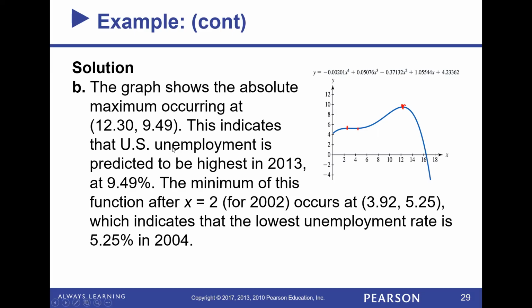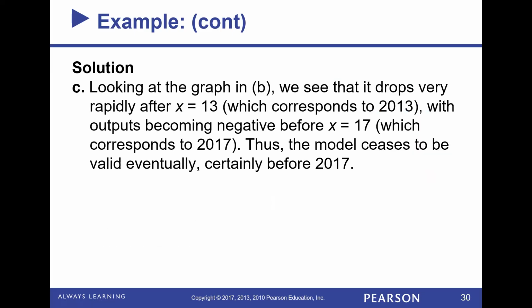Now, there is such a thing as a negative percentage, but not for unemployment. So we can see very quickly that this model starts decreasing and looks like a non-existent model. It's just not valid after the year 2016. Right after that, it just becomes invalid.